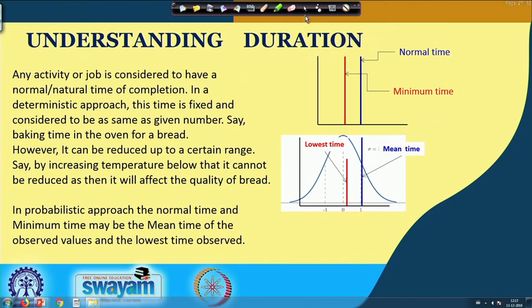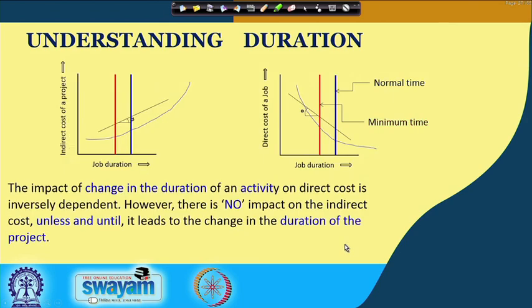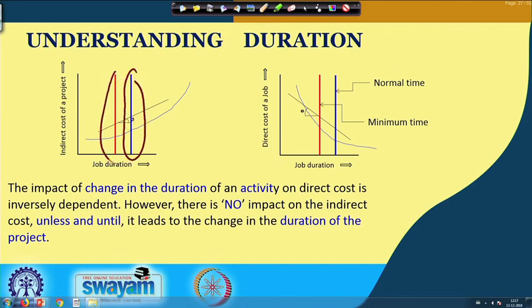So, in the deterministic approach, it is essential that we consider the duration for a normal time case and for a minimum time case, and the cost pertaining to this in the indirect cost and the cost pertaining to this in the direct cost are the points of interest.